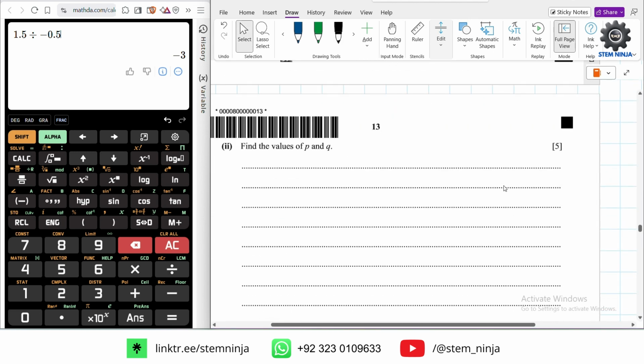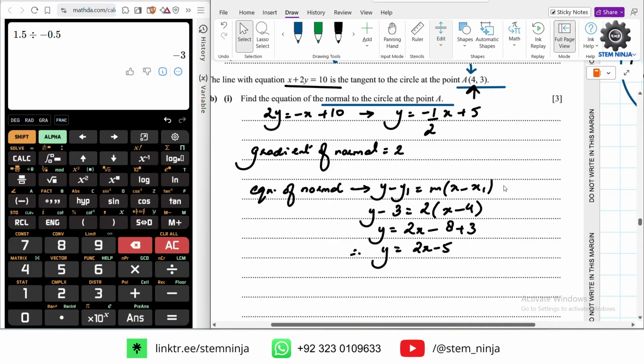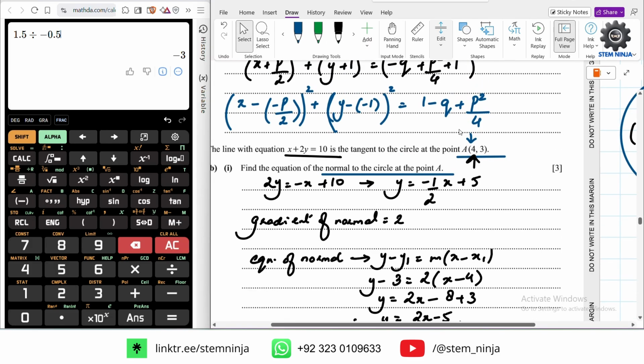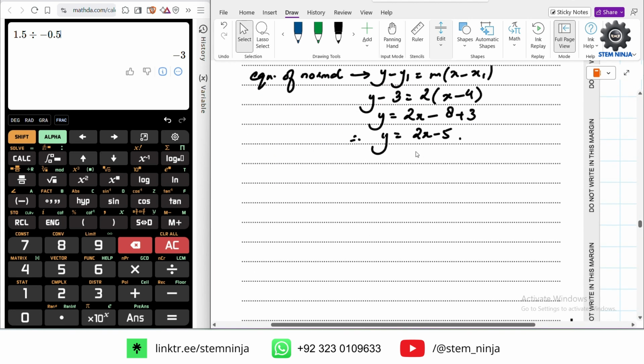Okay, find the values of p and q. Okay, so notice that this equation passes through the center. Not only that, but the distance between this and the center point is the square root of this r squared. So two unknowns, therefore we need two conditions to solve it.